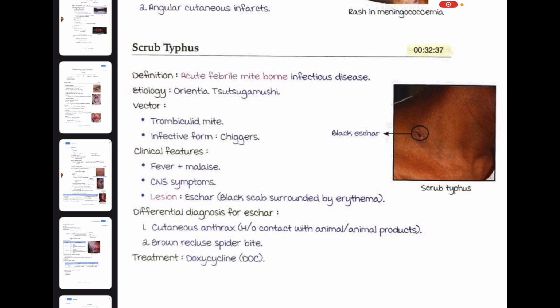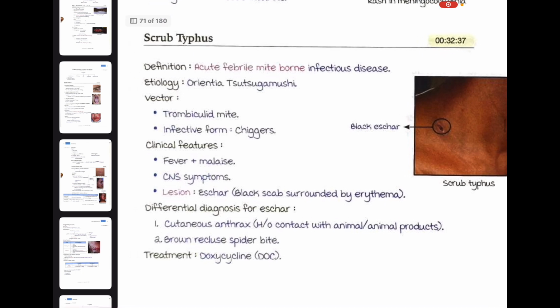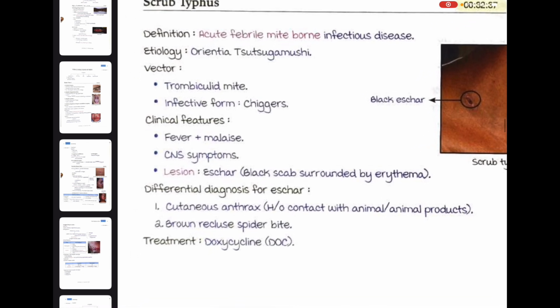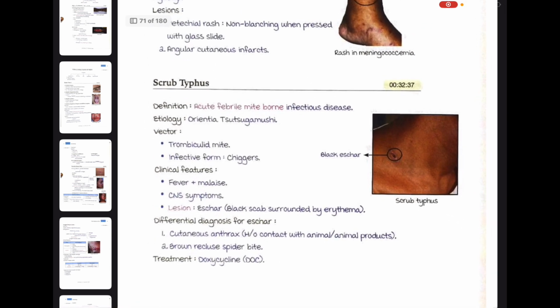Infective form: chiggers. Clinical features: fever and malaise. Lesion: eschar, black scab surrounded by erythema. Differential diagnosis for eschar: cutaneous anthrax, with history of contact with animal or animal products, and brown recluse spider bite. Treatment is doxycycline.